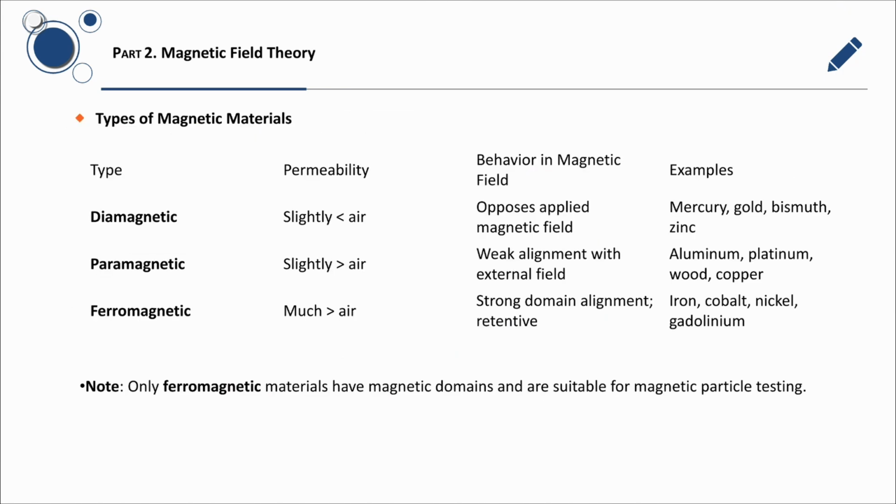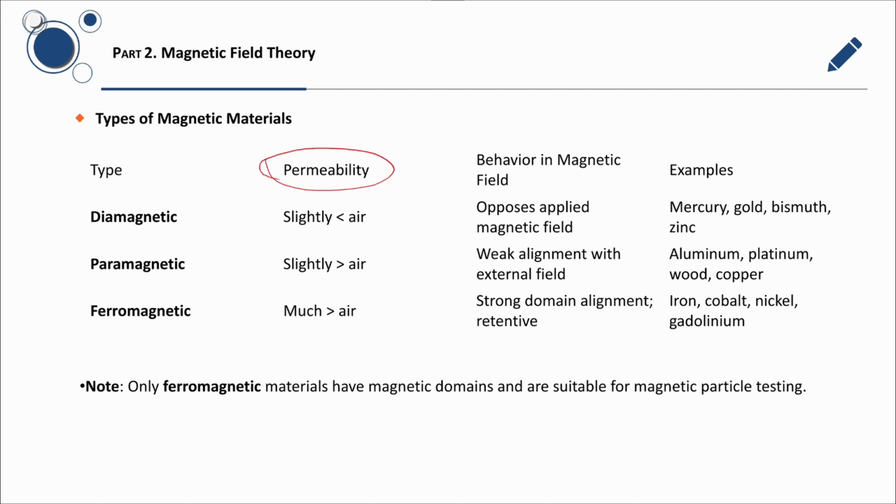Types of magnetic materials. Understanding the types of magnetic material is crucial in magnetic particle testing because not all materials respond to the magnetic field in the same way. We classify them into three main types based on their permeability.